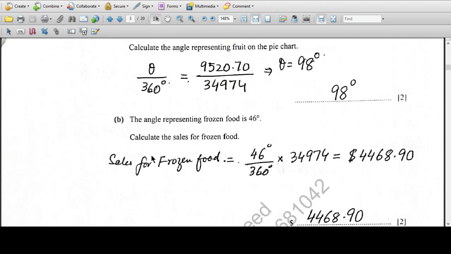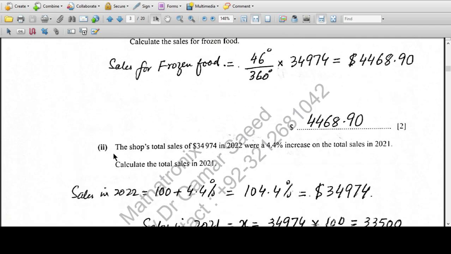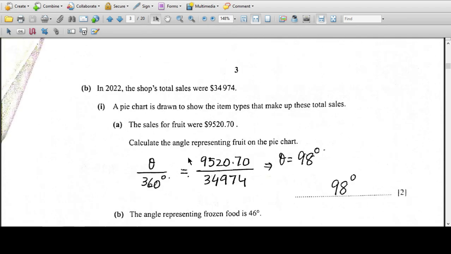And in part B, the shop's total sales is $34,974 in 2022, which is a 4.4% increase on the total sales in 2021. So in 2022 the sales increased by 4.4% from the previous year.